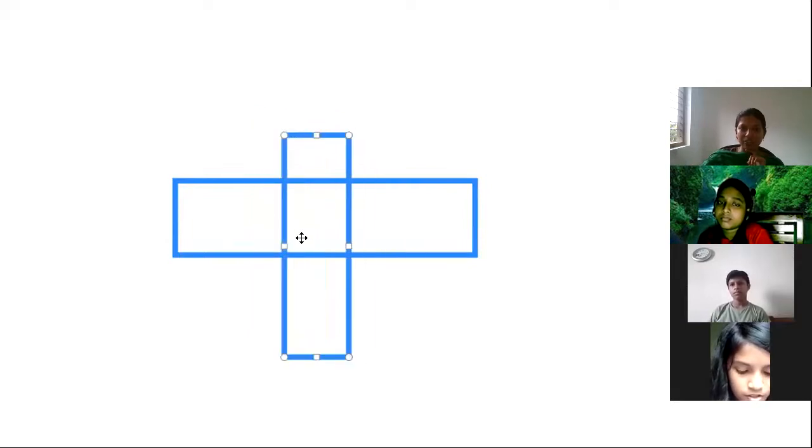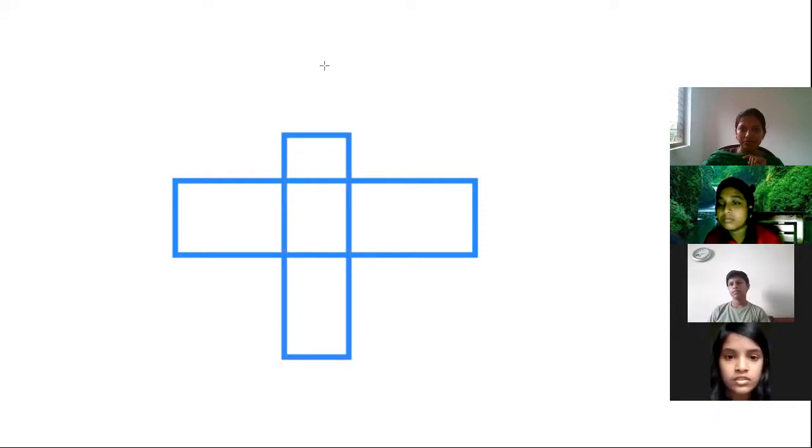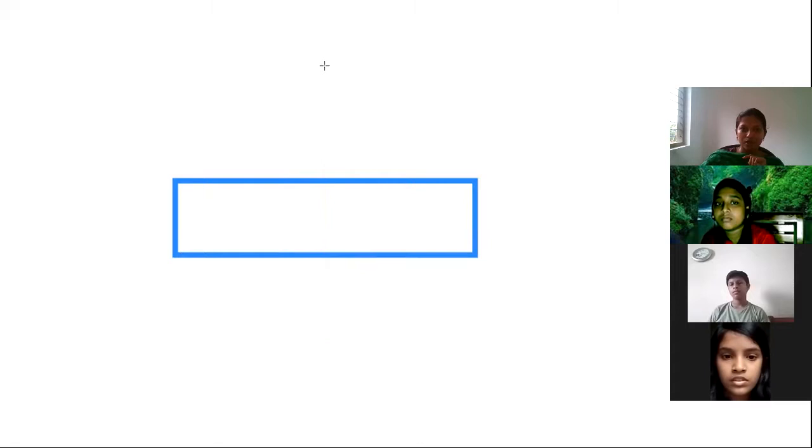In this case also, a rectangle is also a parallelogram, is it? We can say a rectangle is a parallelogram. If these sides are slanted, we can make it by drawing lines.